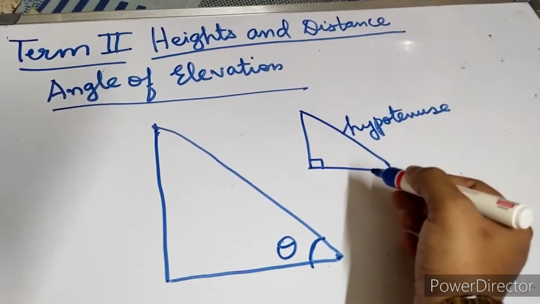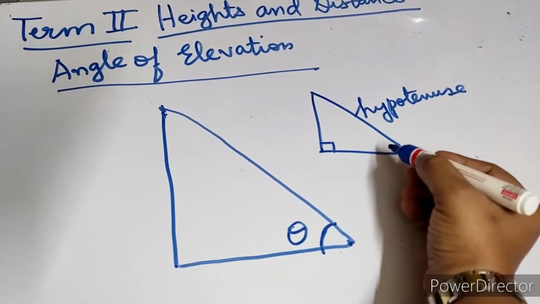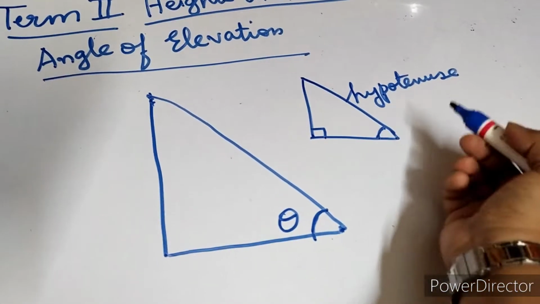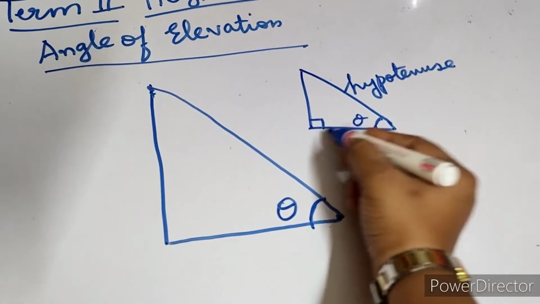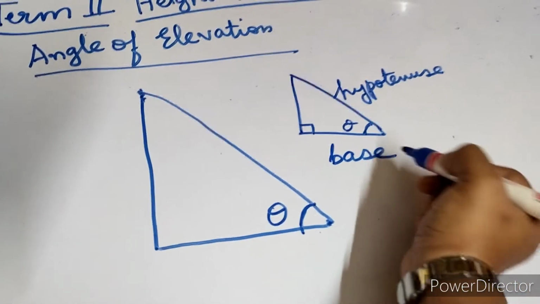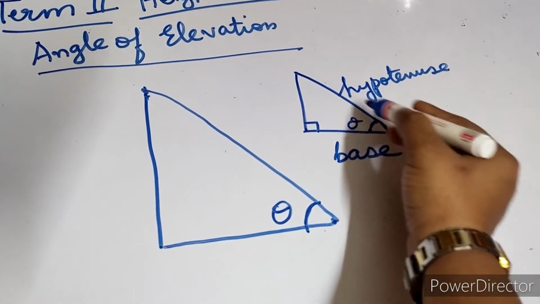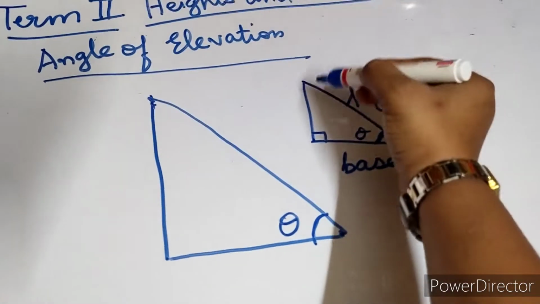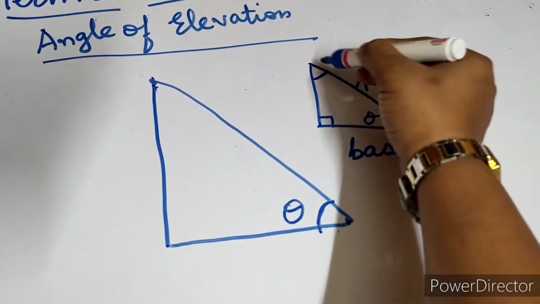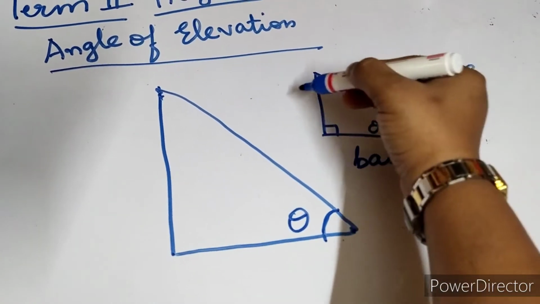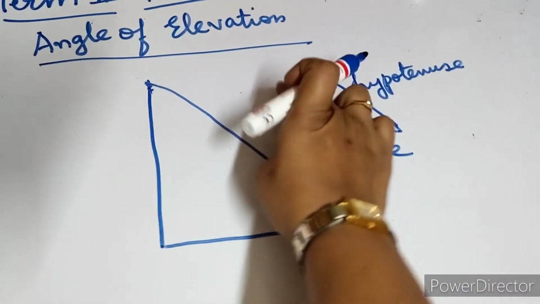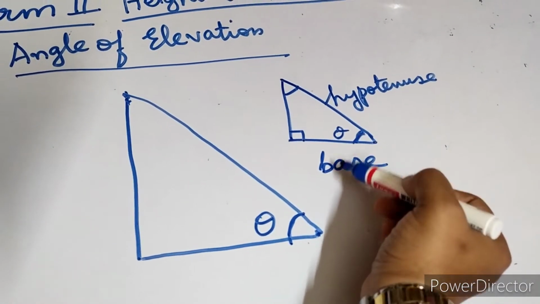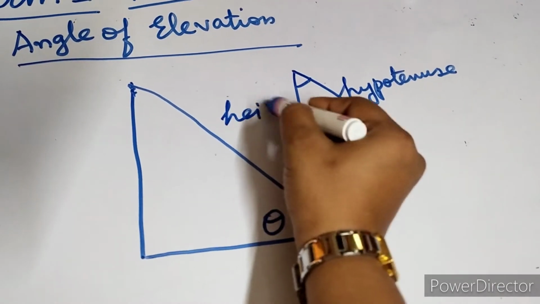You just get confused about which one to take as base and which one as height. See, if we consider this angle as theta or phi, whatever, then the side adjacent to the angle along with the hypotenuse is the base, and the other side will be the height. So in this case, if this is theta, this is the base and this is the height.